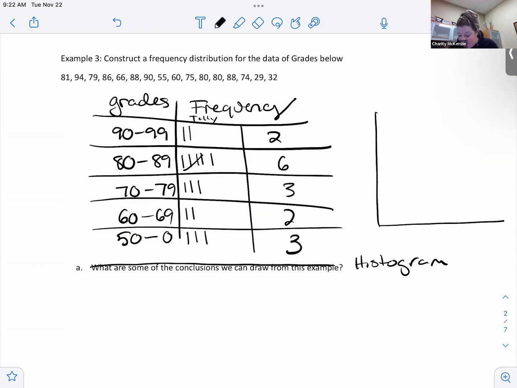And we're going to go 0 to 50. I know that's kind of crappy because it's not equal, but that's okay. So then 60, 70, 80, 90, 100. So we're counting by tens because that naturally flows for this. 1, 2, 3, 4, 5, 6. And what you do up the side is frequency.